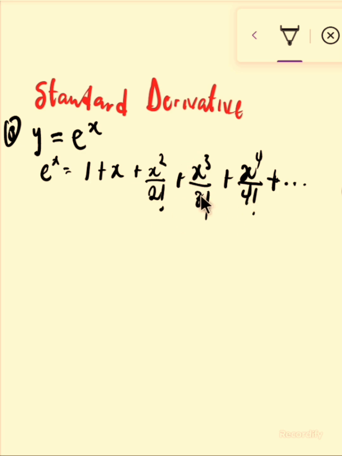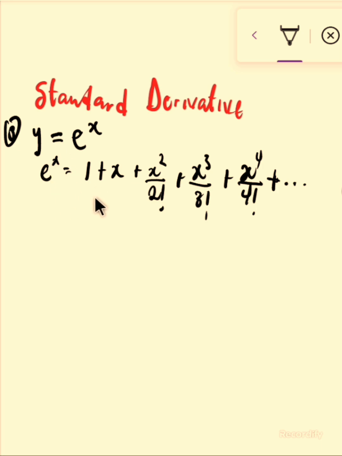I hope you guys know the difference between a series and a sequence. When we are talking about a series, there is the addition of terms. You can see we are adding the terms together, but a sequence is not like this. Alright, now let's move on.